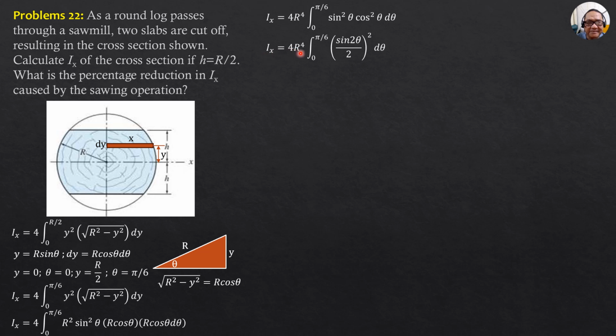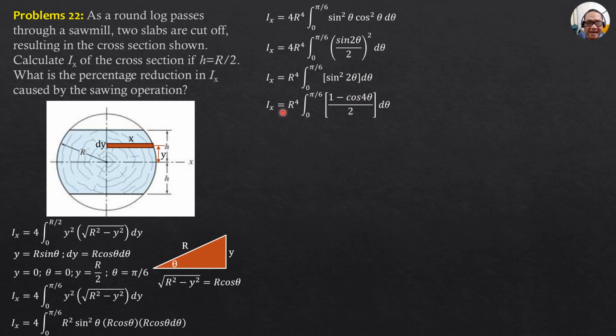So this becomes Ix equals r to the fourth integral from 0 to pi over 6 of sine squared of 2 theta d theta. And again, I use an identity for this. This is 1 minus cosine of 4 theta all over 2. So replacing that so that we can evaluate the integral of that expression.